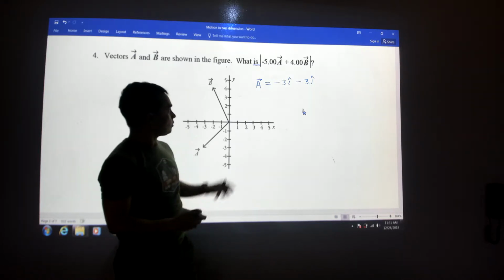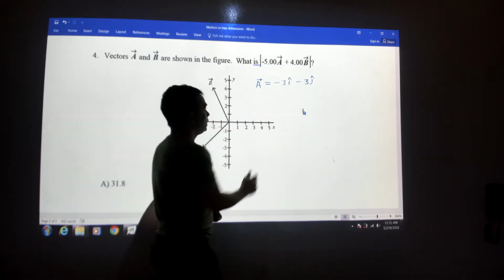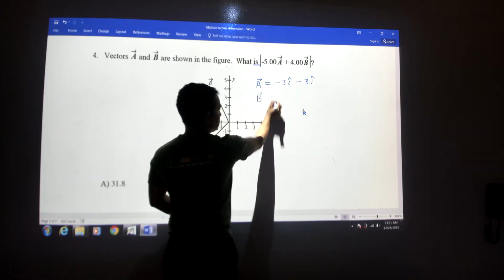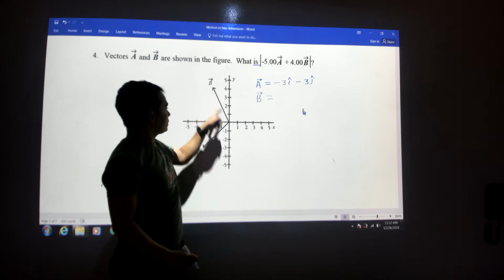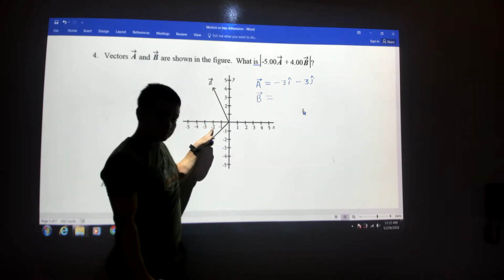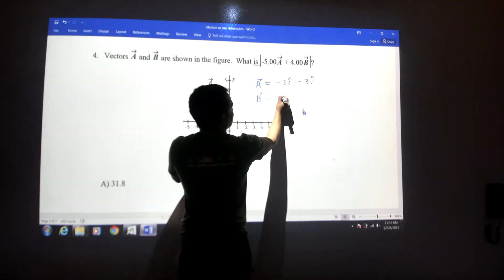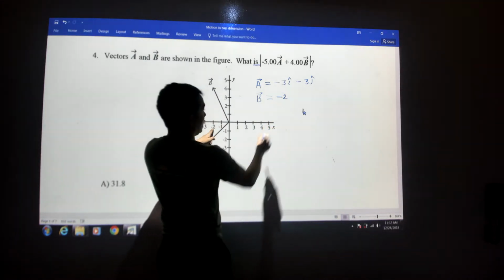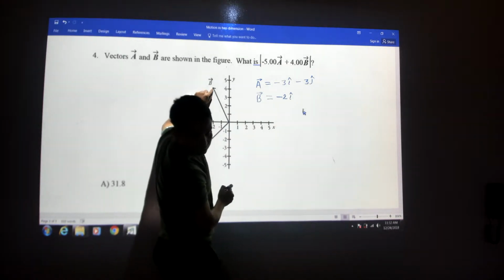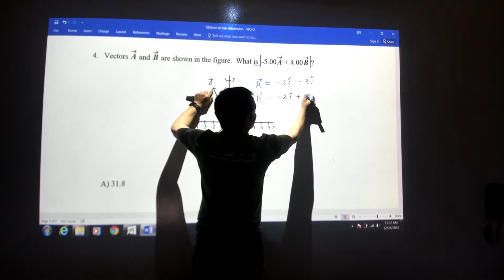Same way, how do you write the b vector? You just have to find the coordinates to get the vector. For the b vector, first I need to go along the x-axis, which is negative 2. So this is negative 2 i vector, and then you have 4 units along the y-axis.